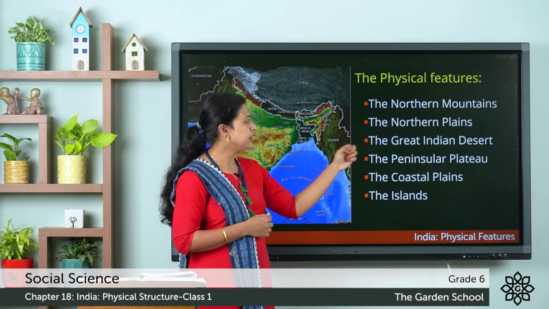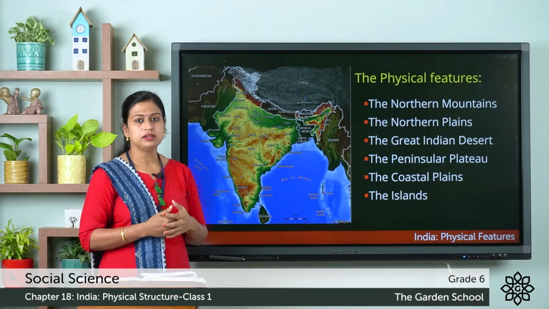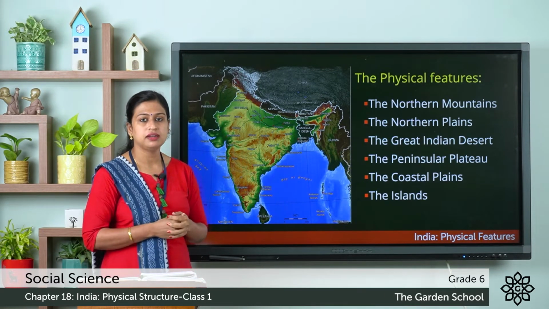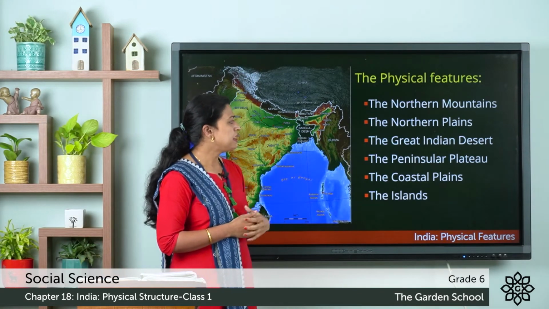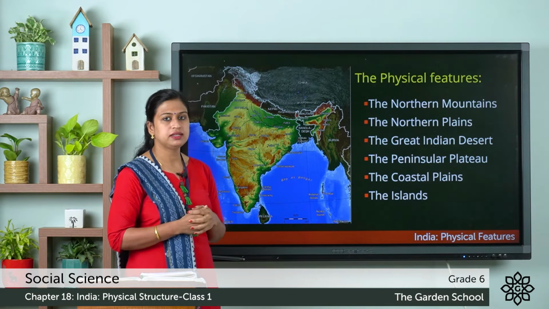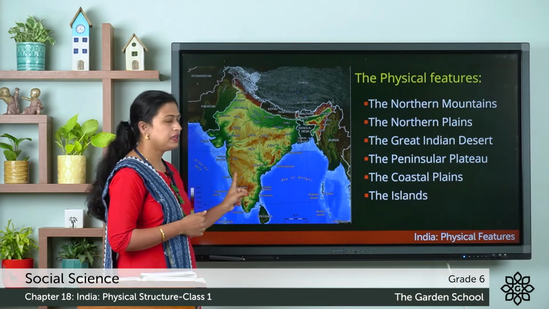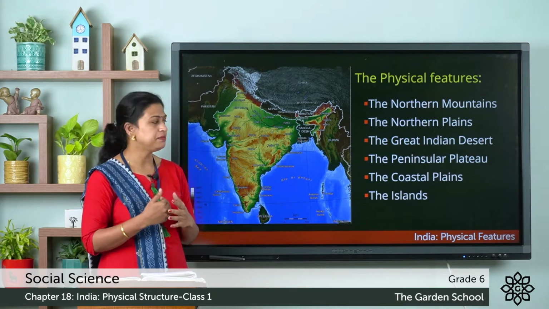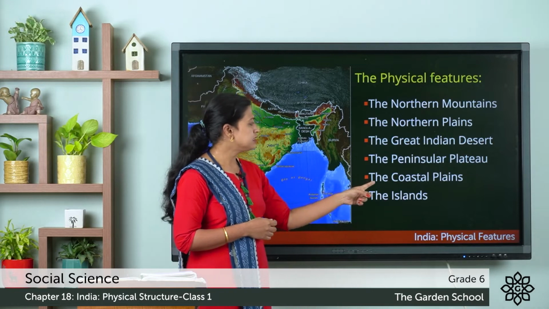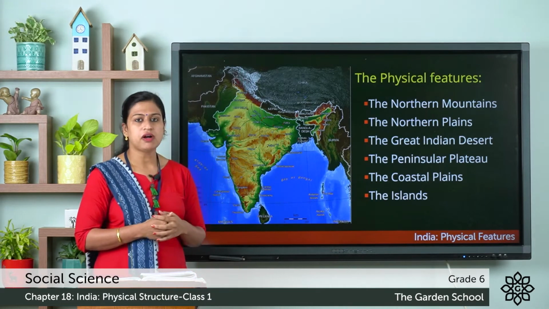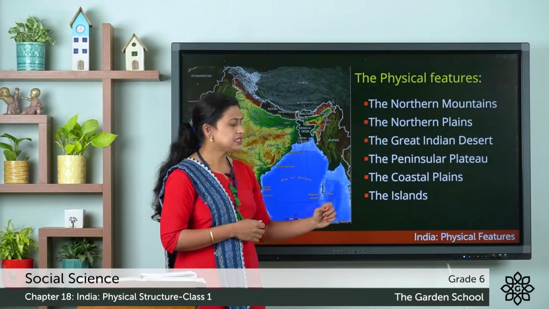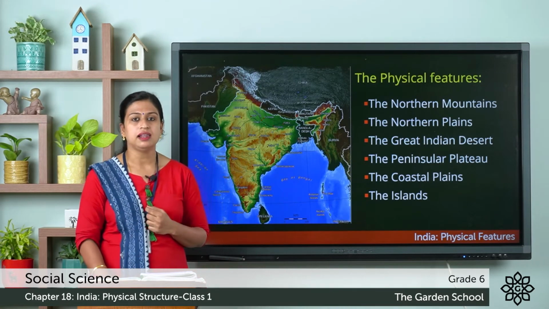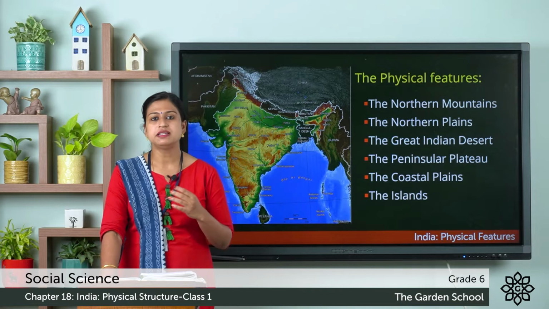Next one, the great Indian desert, located in the states of Gujarat and Rajasthan in the west. Next one, the peninsular plateau, located at the center of India, marked in light brown color. Next feature is the coastal plains that are found on the western and the eastern coast. And the last physical feature is the islands. So in this chapter, we will be discussing them.